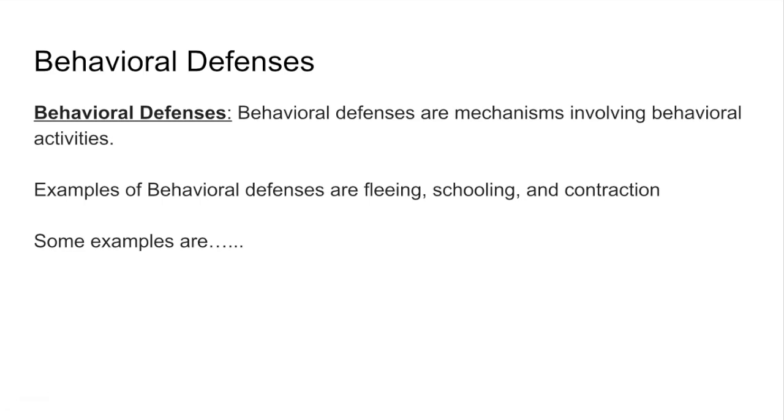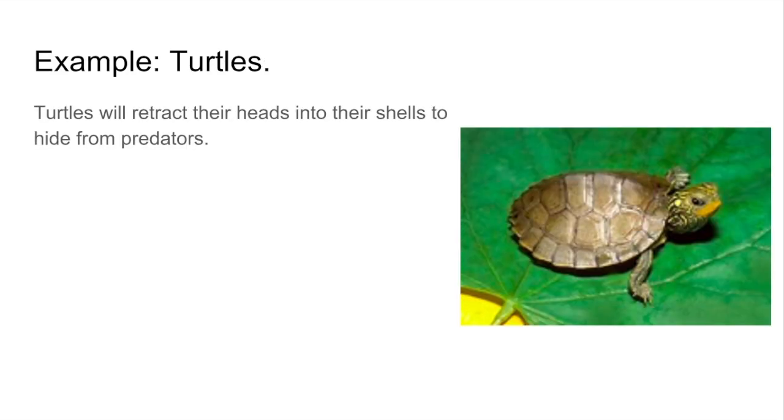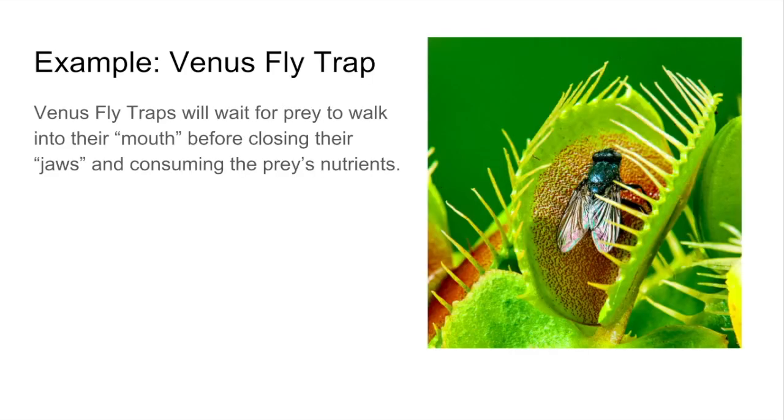Contraction is when an animal alters its body in some way that it can hide or avoid predators. For example, a turtle retracting into its shell so that an animal or a predator cannot attack its weaker flesh. Venus flytraps are another example.